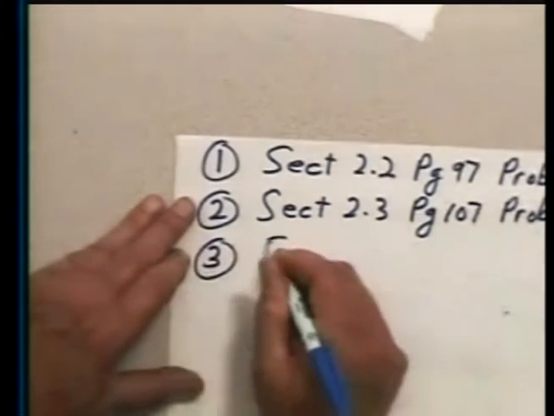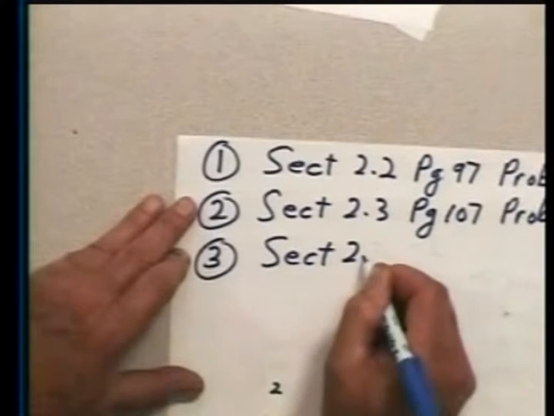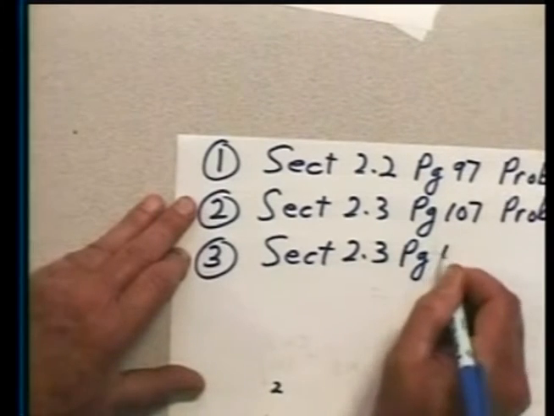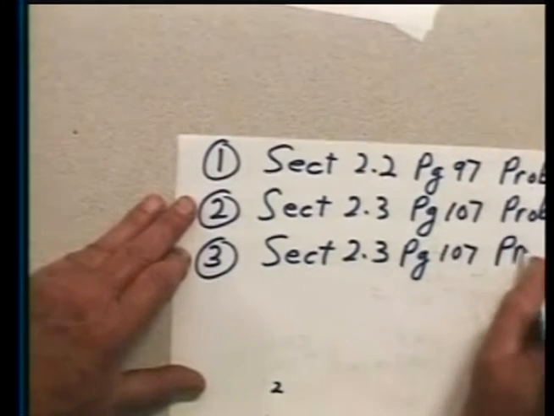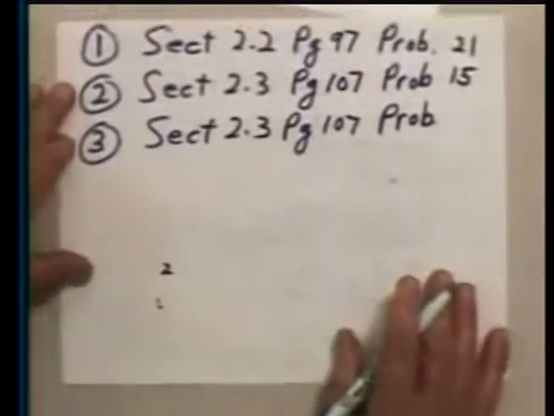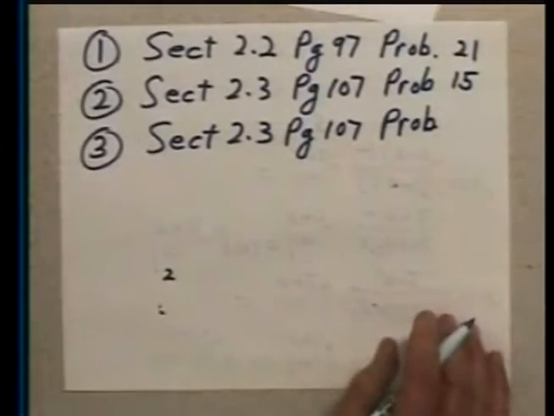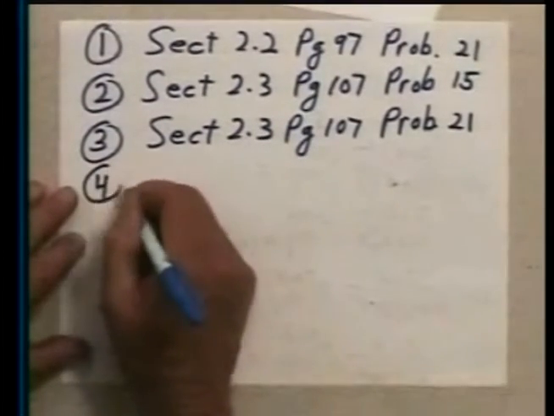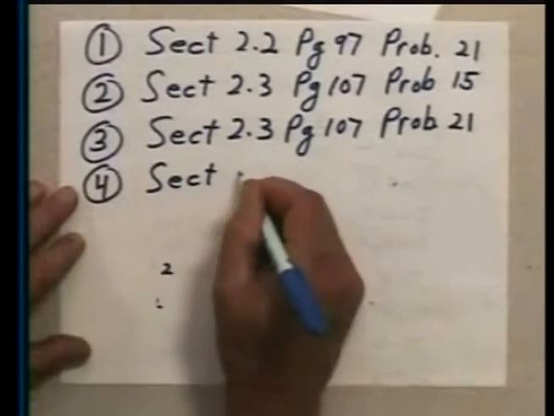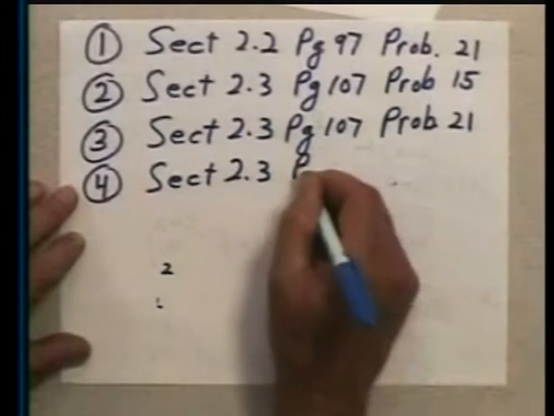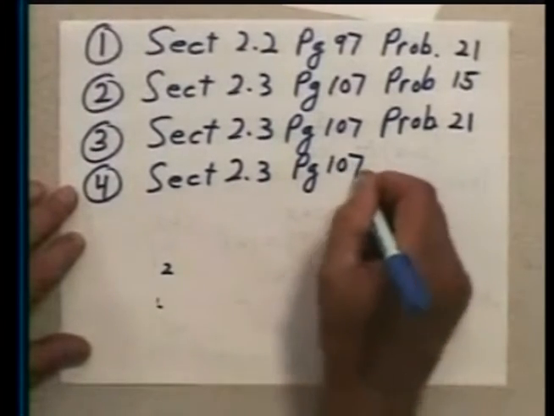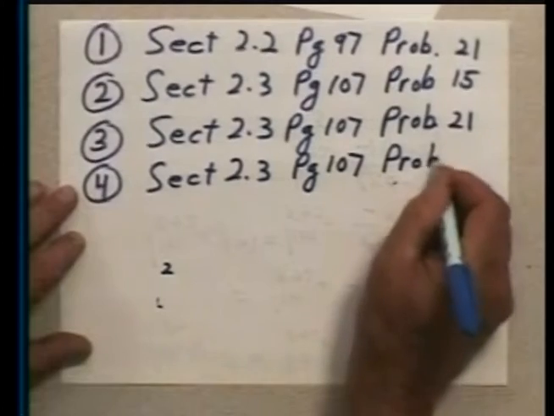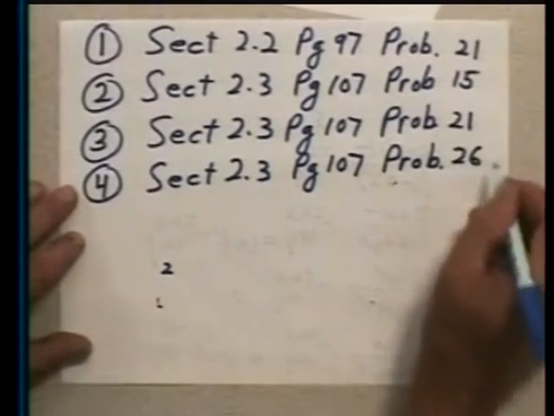Number 3, section 2.3, page 107, problem 21. And number 4 is section 2.3, page 107, problem 26.